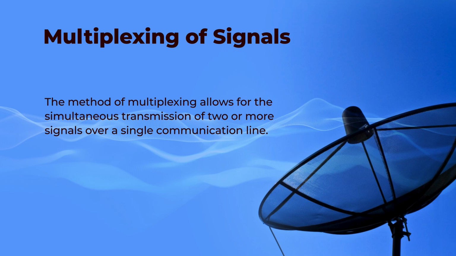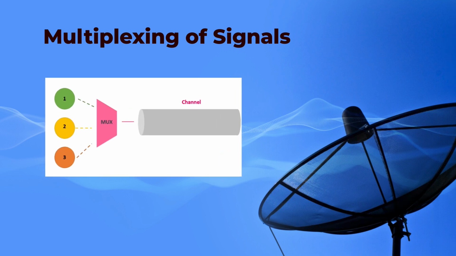Multiplexing allows for the simultaneous transmission of multiple signals over a single communication channel, greatly improving the efficiency of data transmission. This technique is made possible due to modulation. What exactly is multiplexing?